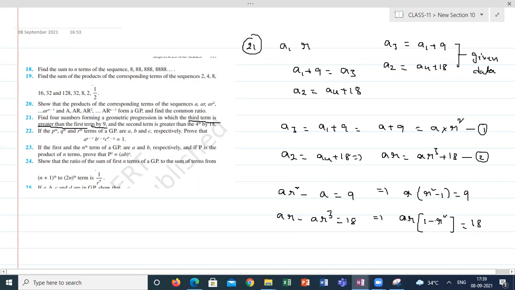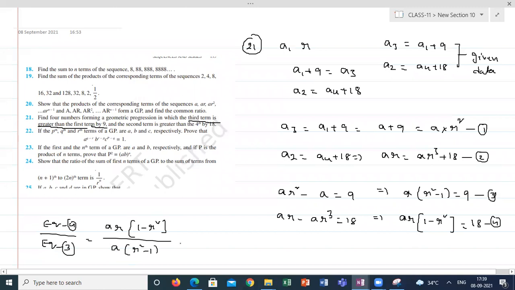I'm taking the ratio of these two. This is the third equation, this is the fourth equation. I'm taking equation 4 by equation 3. AR into 1 minus R square divided by A into R square minus 1 is equal to 18 by 9. So this is 2 times. R square minus 1 times, A and A cancel. So my R is coming minus 2.